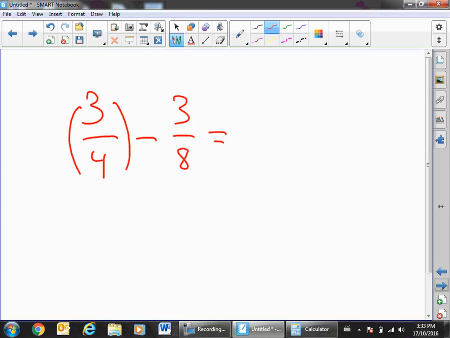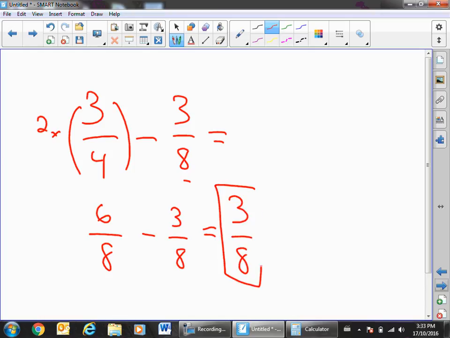In this case, our lowest common denominator is 8. So we multiply this by 2; 2 times 3 is 6. Now we have 6/8 minus 3/8, and we are left with 3/8. She requires 3/8 of a cup of yogurt in order to make her smoothie.